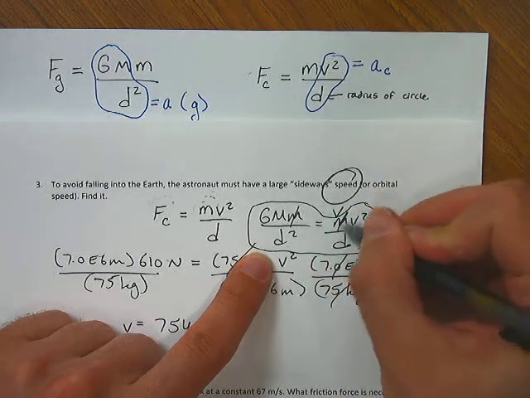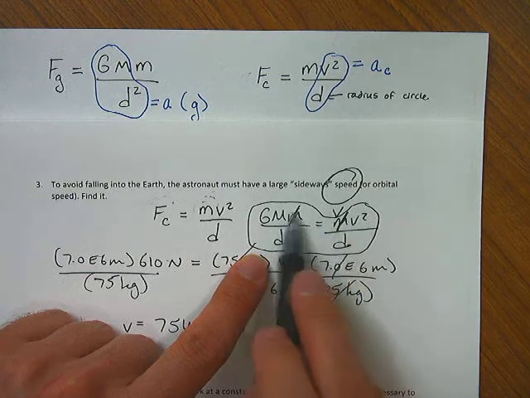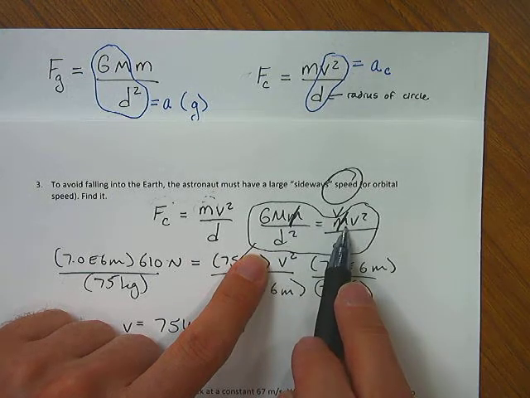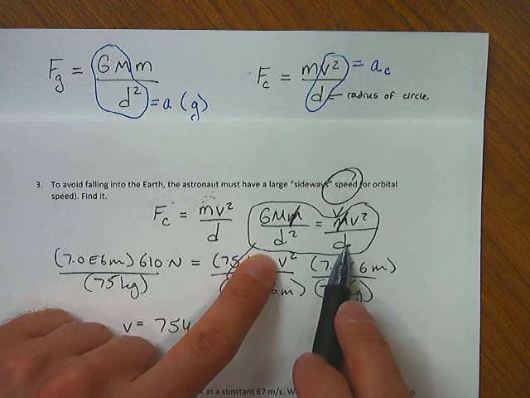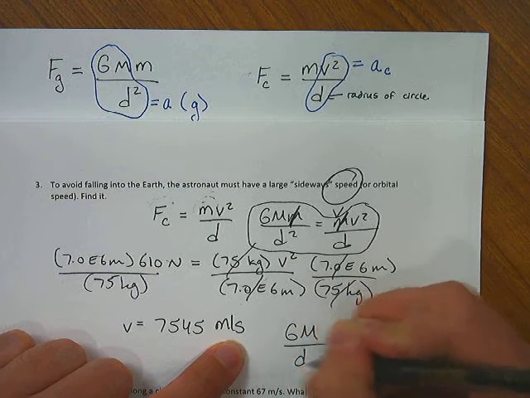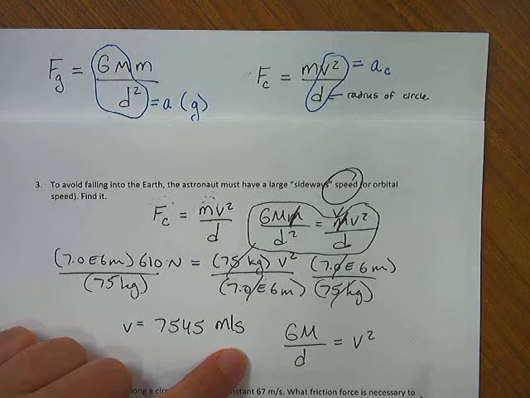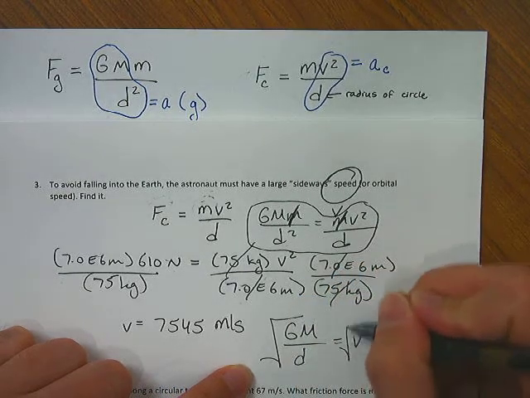And so now I have an expression that allows me still to calculate this v. Okay? You basically just want to simplify this and calculate v. Notice that the little m, the 75 kilograms, the mass of the astronaut, does cancel out. So I didn't even have to tell you what her mass was for you to solve this particular problem.